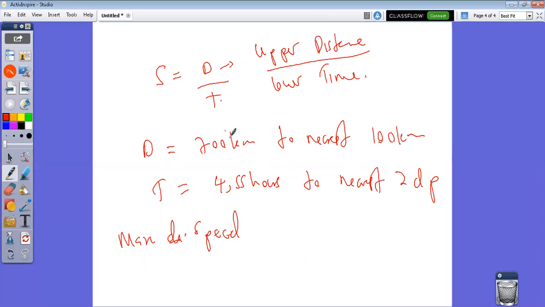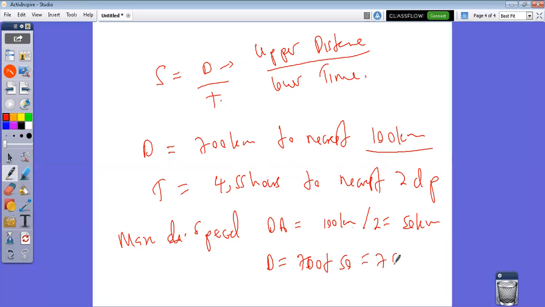Upper bound distance. For distance, the degree of accuracy is to the nearest 100, so 100 kilometers divided by 2 gives 50 kilometers. Then the upper bound distance is 700 plus 50, which gives us 750 kilometers.